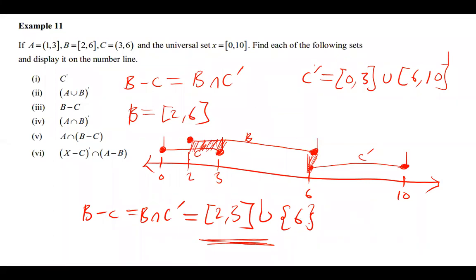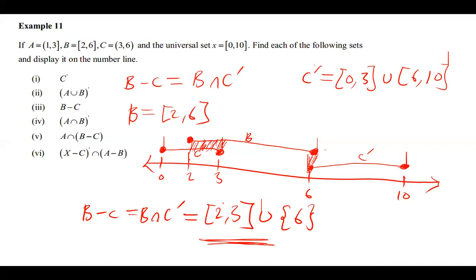Okay, the reason why we're using this is because it's a singleton set. It only consists of one element. It's a point. If it had 2 or more elements, we would have used these kinds of brackets.